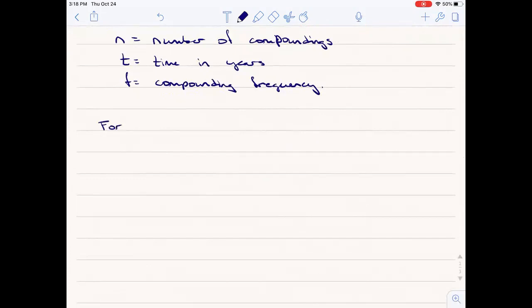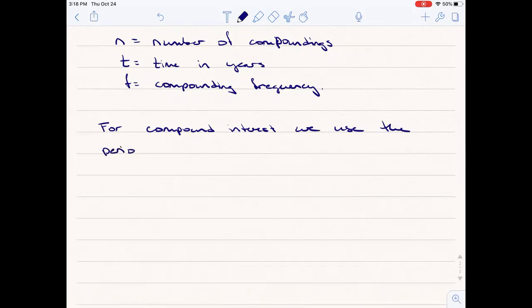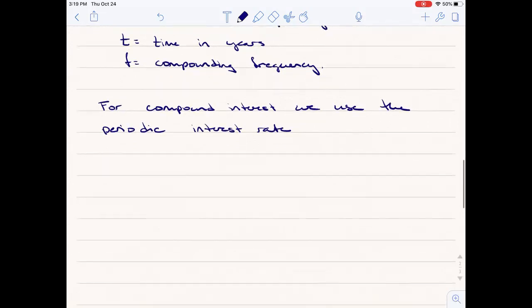So for compound interest, we use the periodic interest rate instead of the annual interest rate.